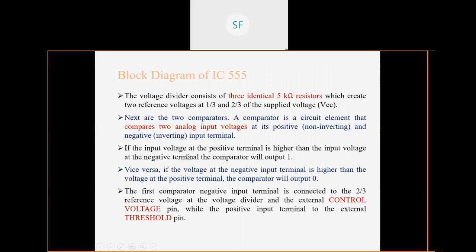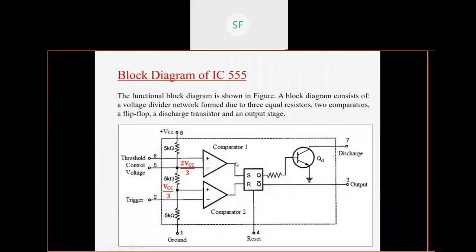So this is regarding the working of a comparator. If the input voltage at the positive terminal is higher than the input voltage at the negative terminal, then the comparator output will be 1. Whereas if the voltage at the negative input terminal is higher than the voltage at the positive terminal, then the comparator output will be 0. So you can observe that the output pin of comparator 1 and comparator 2 will have only 2 values, either 0 or 1.